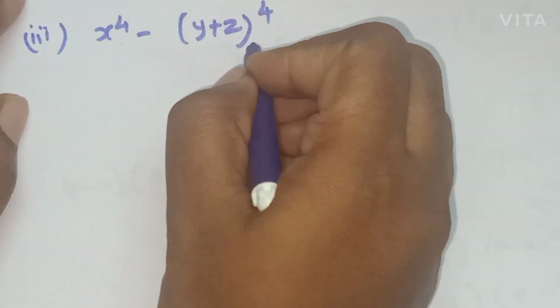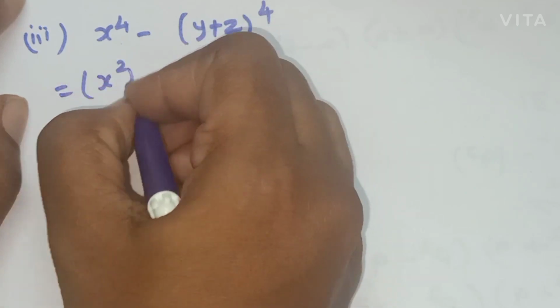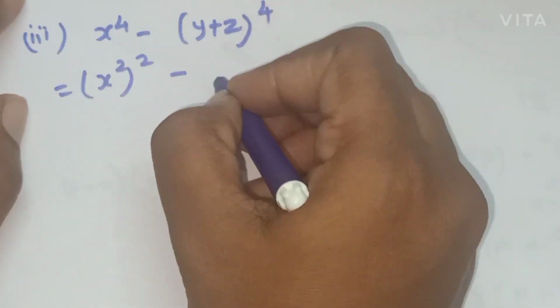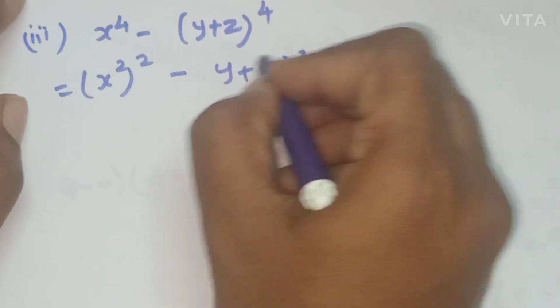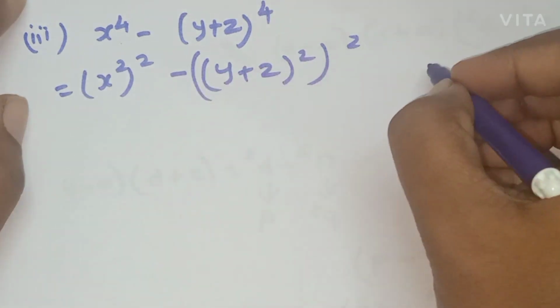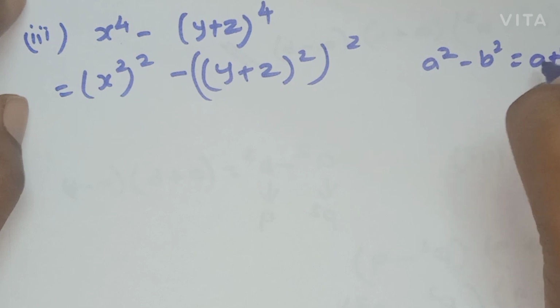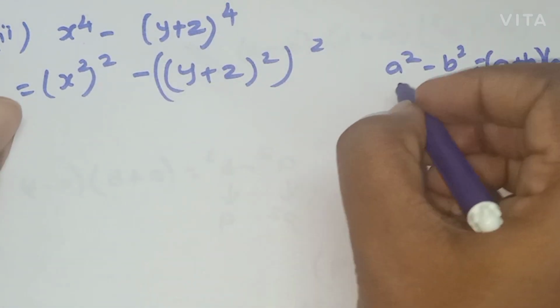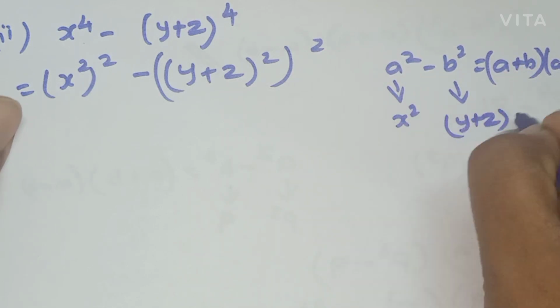Subdivision 3, x power 4 minus y plus z the whole power 4. So we can write x power 4 as x square the whole square, and y plus z the whole power 4 can be written as y plus z square the whole square. Now this is of the form a square minus b square. So a square minus b square equal to a plus b into a minus b. In the place of a we have x square, in the place of b we have y plus z the whole square.